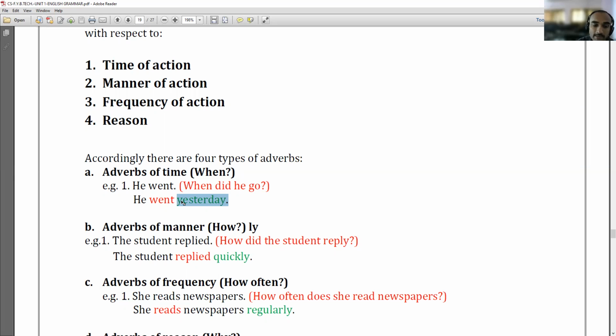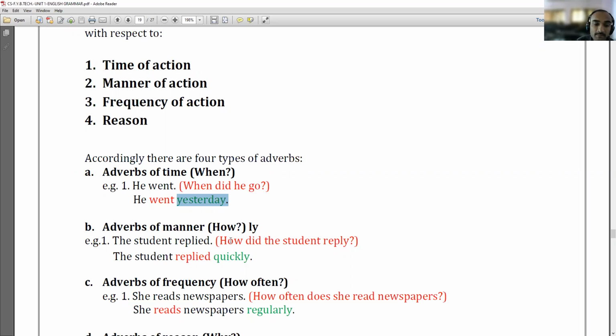Okay. For example, adverb of manner म्हणजे काय, तर जेव्हा आपण हाऊ न एखाद्या व्हर्बला प्रश्न विचारू, तर त्या प्रश्नाचं उत्तर जे त्या वाक्यामध्ये येईल ते असेल तर आपण त्या ऍडवर्बला ऍडवर्ब ऑफ मॅनर, एखादी क्रिया कुठल्या प्रकारे घडली, कशी झाली हे दर्शवणारा शब्द.